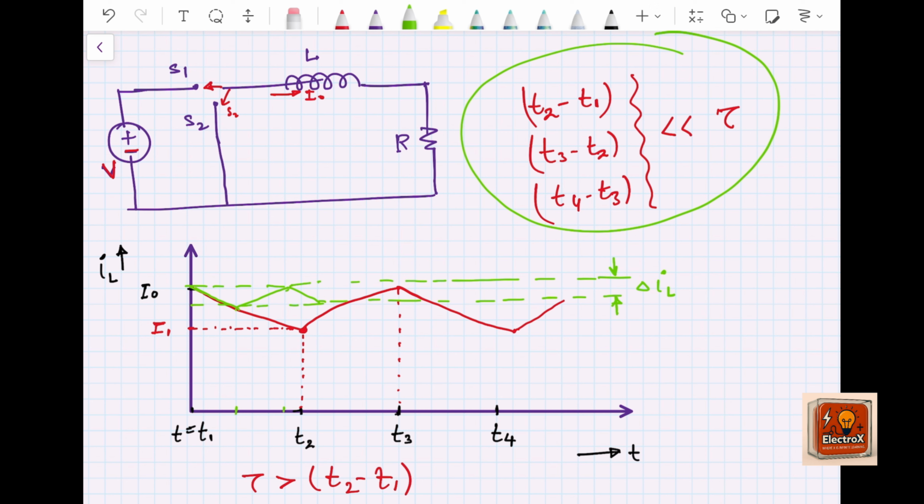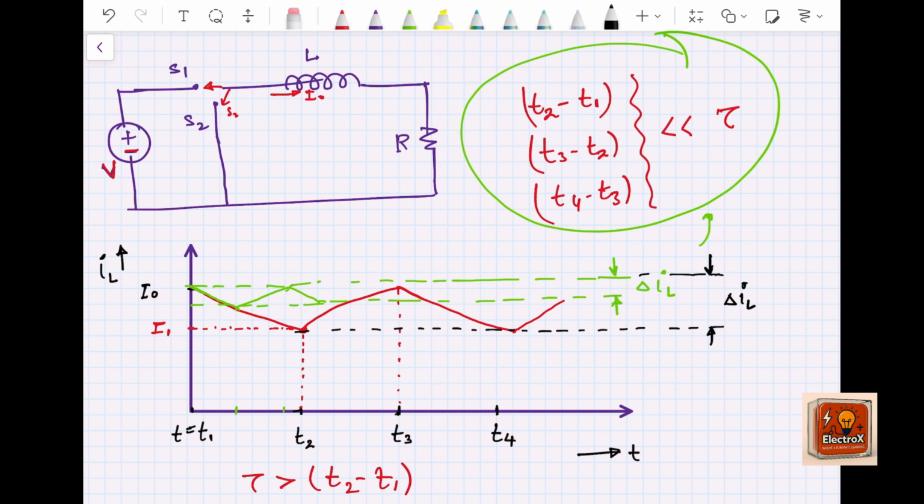And if we increase these intervals further, we will notice that the current ripple in the inductor current will be higher, meaning the current has to swing between a larger range from I1 to I0.